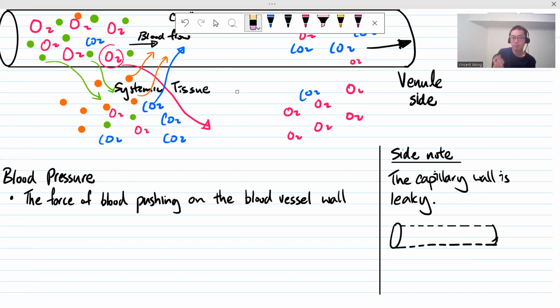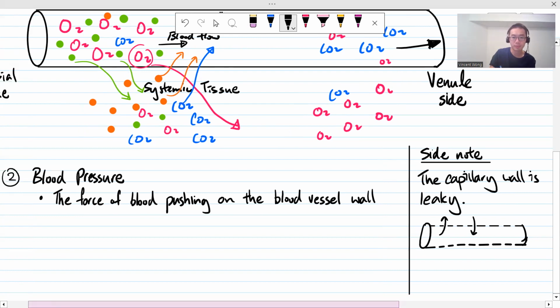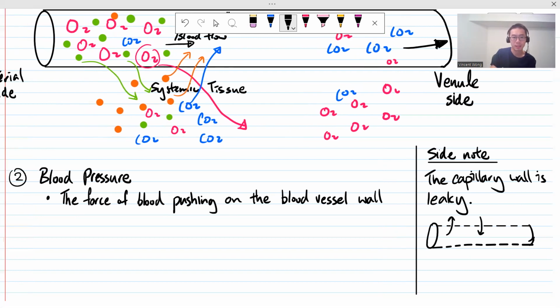I'm just talking about the fluid portion of the blood, which is mostly water, with some other stuff that we'll learn later. So I want you to know the capillary wall is leaky, so things can go out and things can come in. That's something to remember as we continue our discussion.